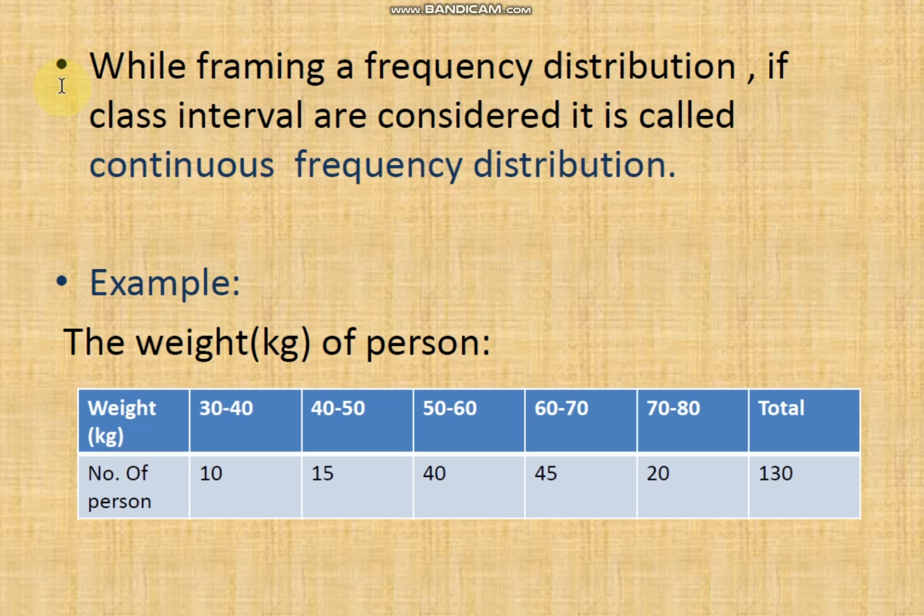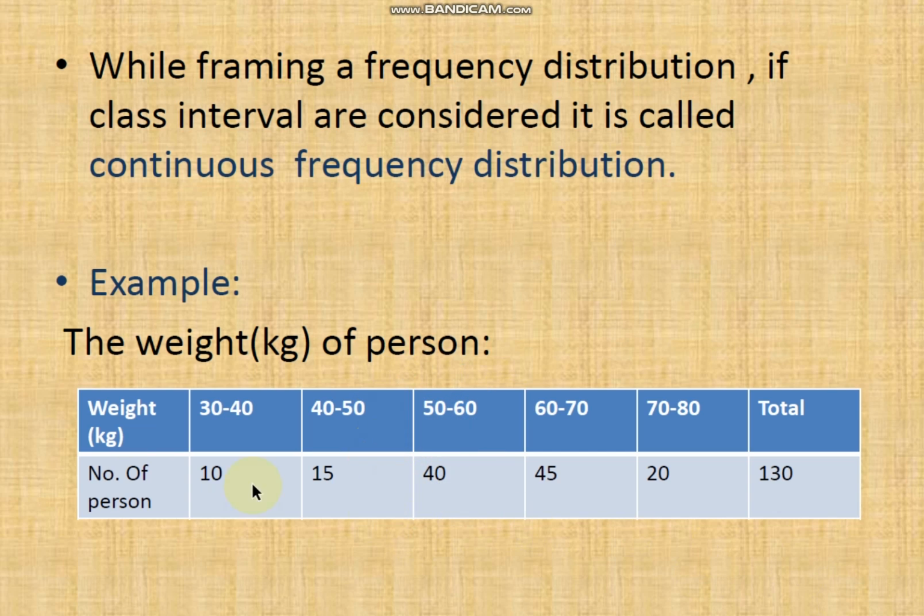Next, while framing a frequency distribution, if class intervals are considered, it is called a continuous frequency distribution. Here weight, 30 to 40, it is a range. Those who belong to the weight between 30 and 40, their weight might be 31, 32, 33, 34, and so on up till 39. 10 such people belong to this group, 15 such people belong to this group, 40 belong to this group.